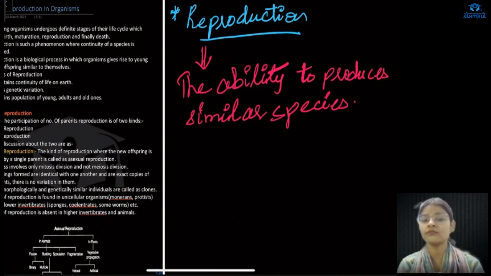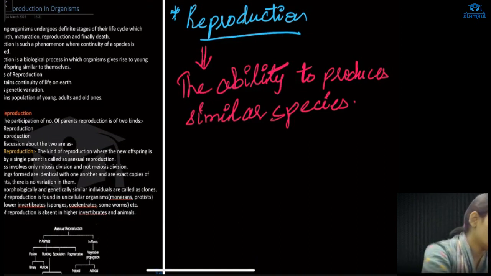But the basic condition for a living being is that it should show the feature of reproduction also. At a particular age of maturity, each organism has the capability to reproduce. Now let us see the proper definition.